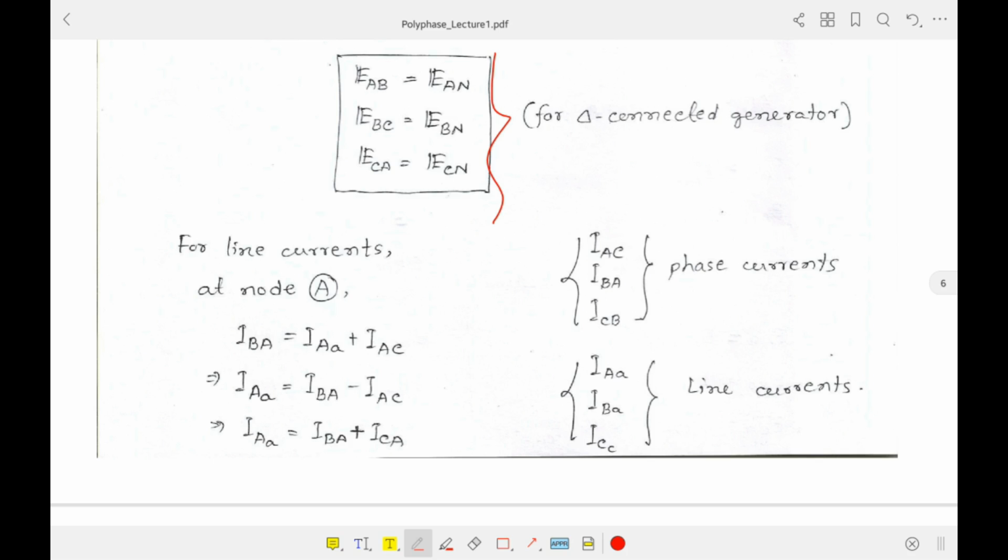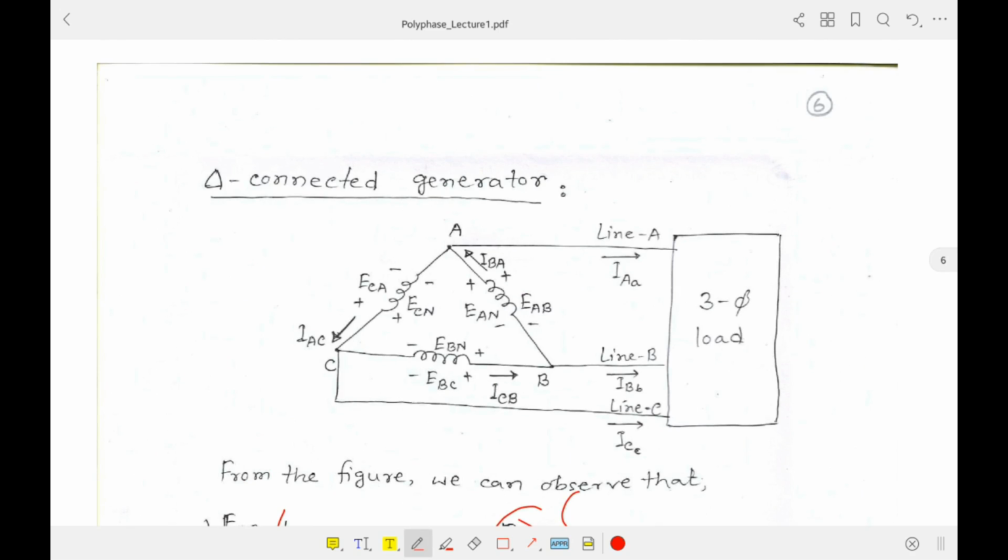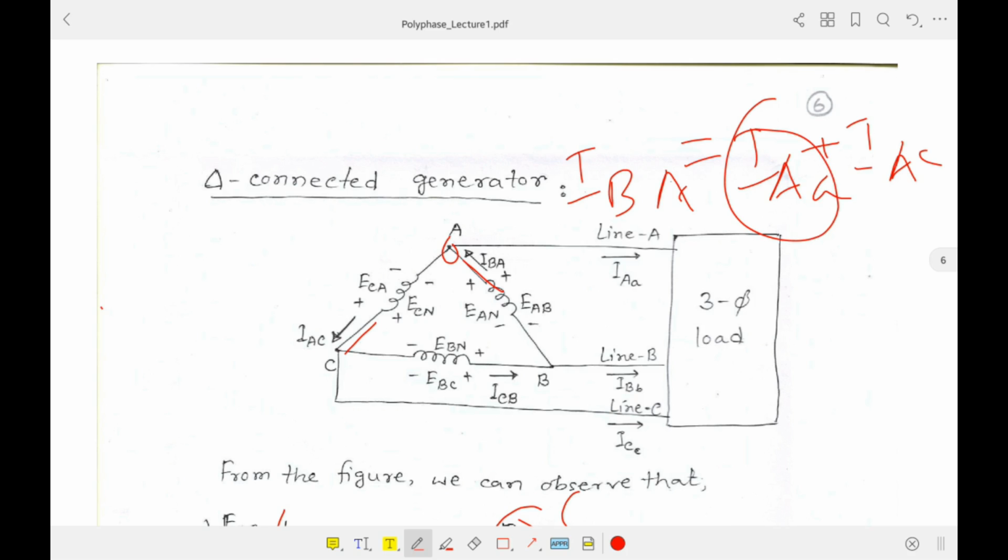For the current, at node A, if we want to write Kirchhoff's current law at that node A, you can understand that this current IBA is entering and the other currents are leaving, so IAA plus IAC, these are leaving, right? So from here we can write IAA equal to IBA minus IAC.